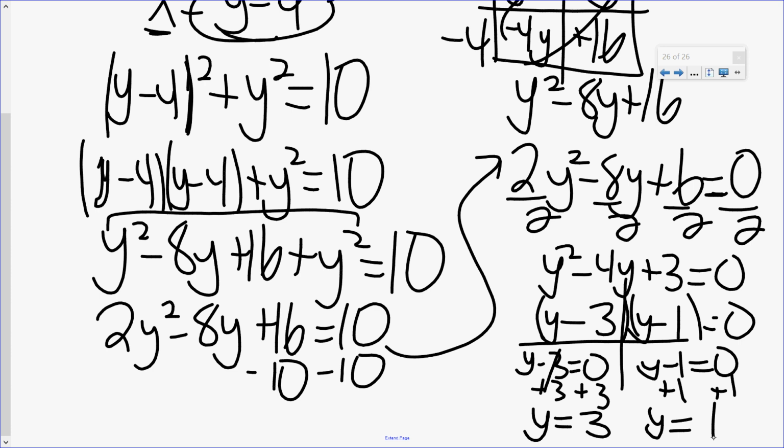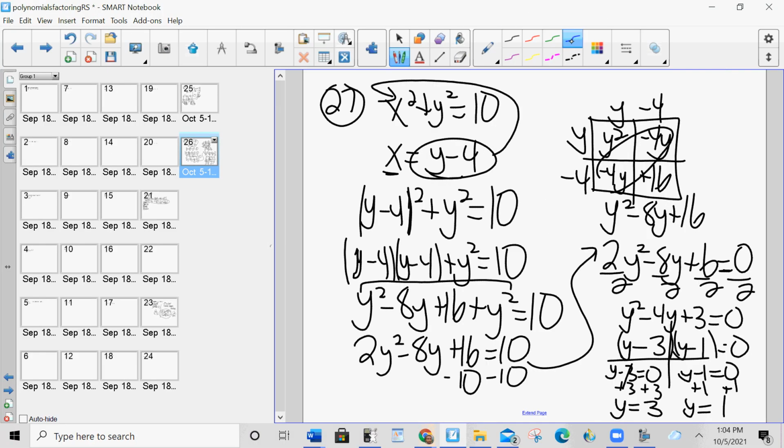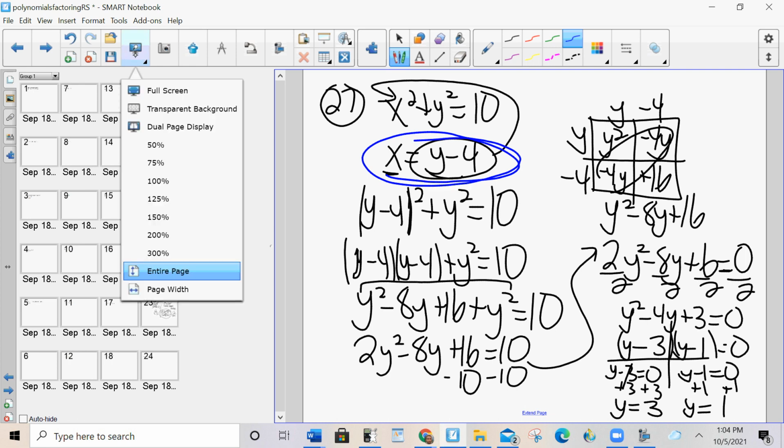Now I'm not done. A system has x values and y values, so now to find my corresponding x values, I'm going to substitute into one of the originals. The bottom one is definitely easier. X equals y minus 4.